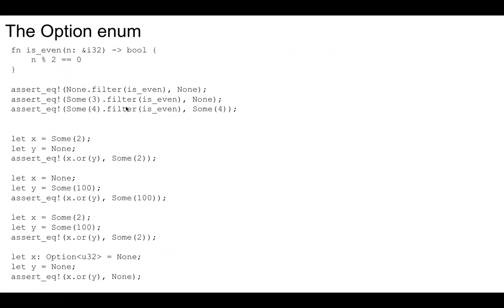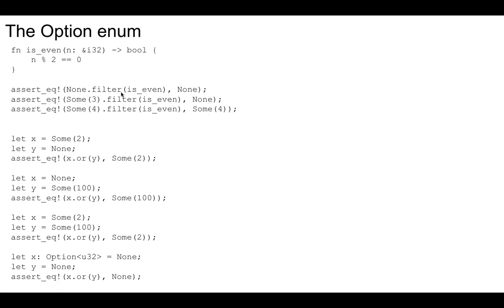You can have filters. So with filter, you pass your own filter method, the predicate. So here the function is_even, i32 is the parameter type, the return type is bool. If n modulus 2 is 0, it will return true, right? So None.filter(is_even) is None. If you invoke the filter on a None object, the result is None.